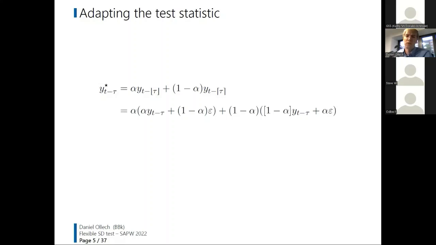What we have to keep in mind, though, is that the observation, for example, at T minus 52 contains the seasonal signal Y at T minus tau, but also includes some noise, if you like, something unrelated to the seasonal signal.